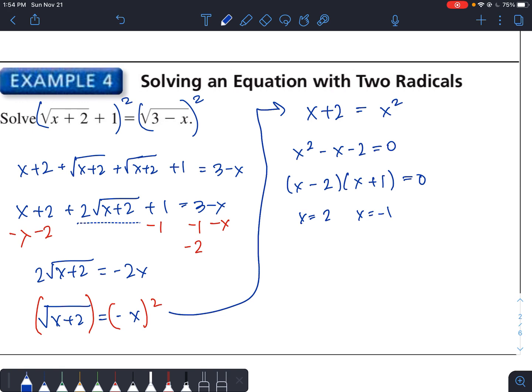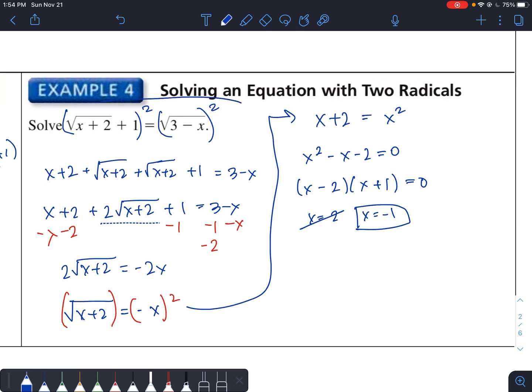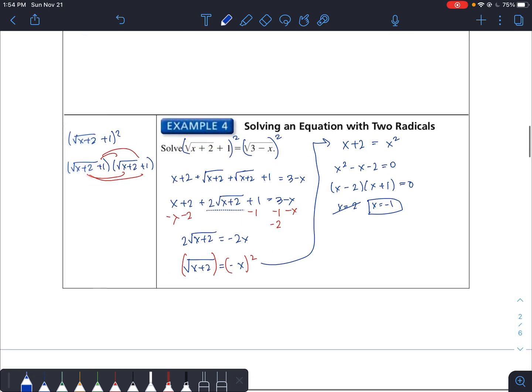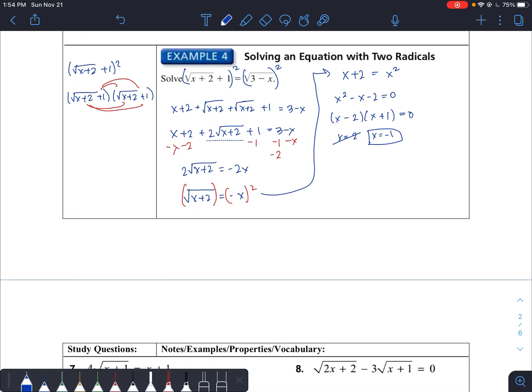Now I have two solutions here, so I'd have to check. You could check 2, you could check negative 1. I'm just going to go ahead and cut to the chase. 2 is not a solution. So 2 doesn't work, but x equals negative 1 does. You can check that by plugging it into the original equation, but for the sake of time, I'll just let you know right now.